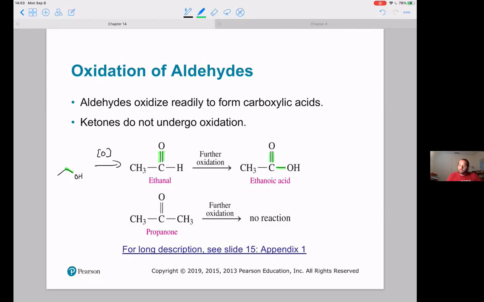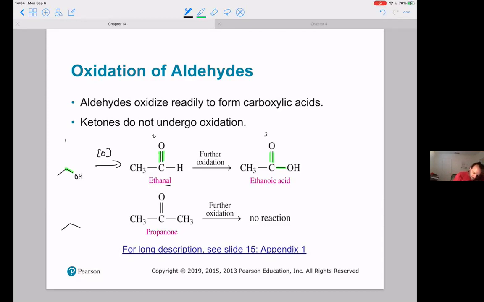So in terms of number of carbon-oxygen bonds, we go from 1 to 2 to 3 when we're oxidizing, okay? So if we were to start out with this aldehyde ethanal, remember that al ending is indicating that we're talking about an aldehyde, that can be oxidized to a carboxylic acid.